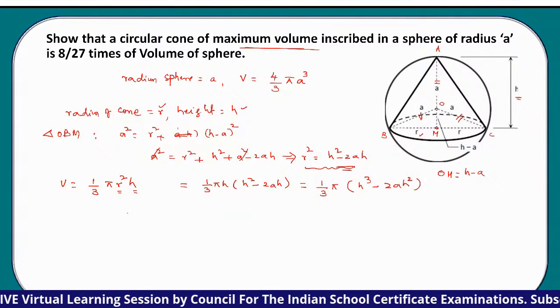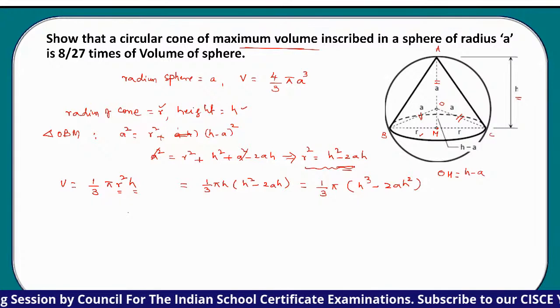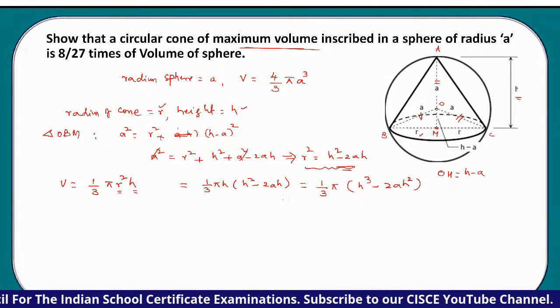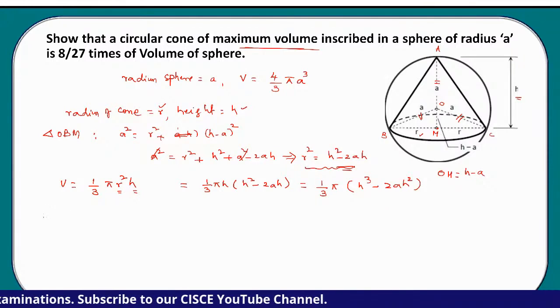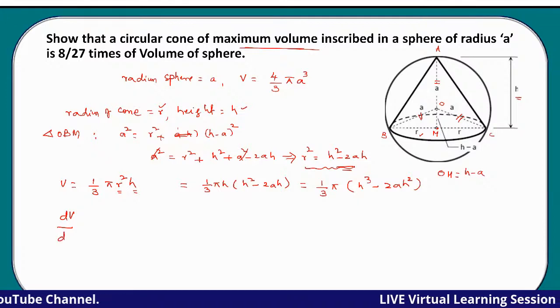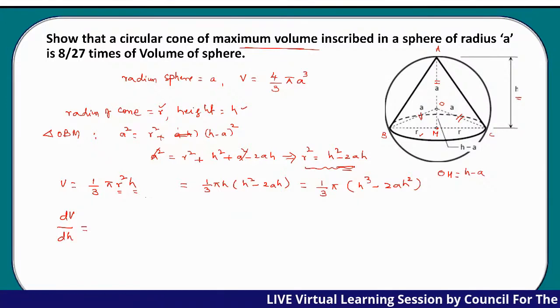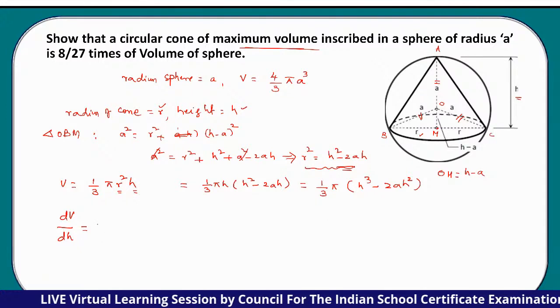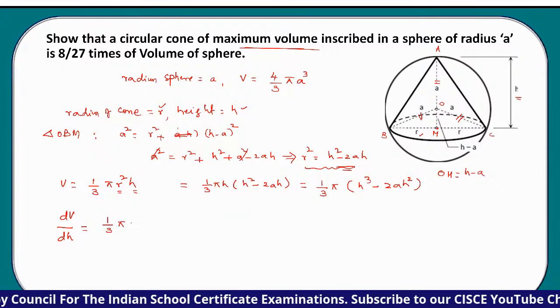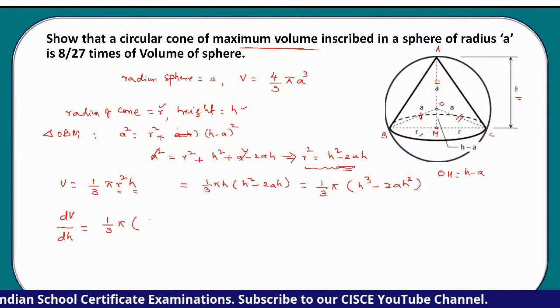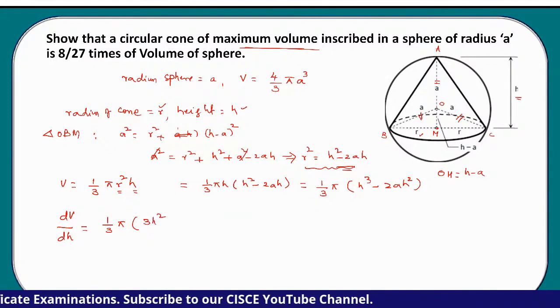So now you have found the volume function, the volume of a cone in terms of one variable H. Now differentiate this, dV by dH. When you differentiate this volume function in terms of the variable H, 1/3 pi remains the same. The derivative of H cube, 3H square, minus 4AH.